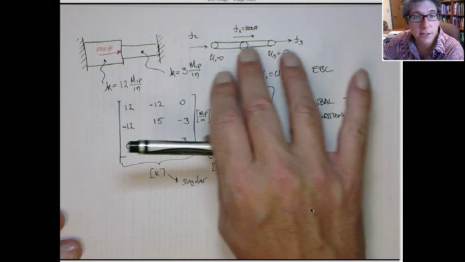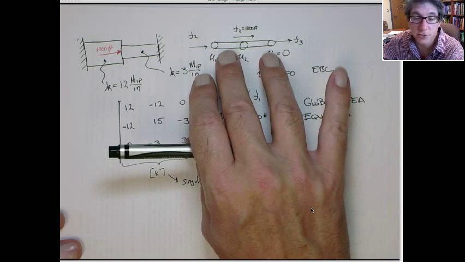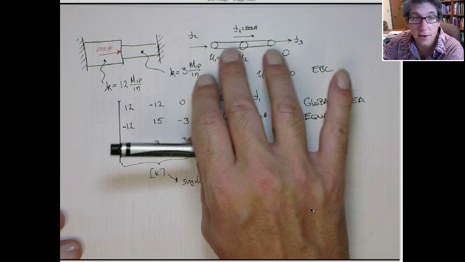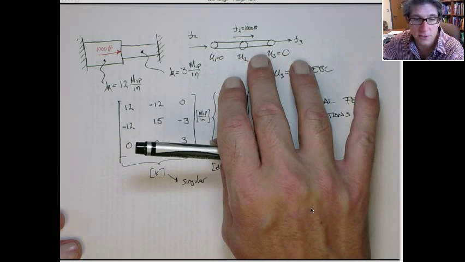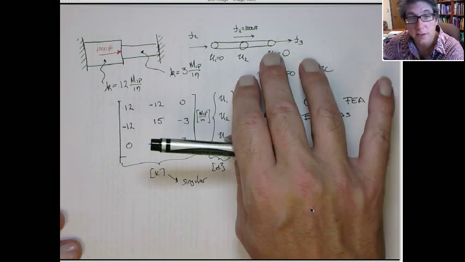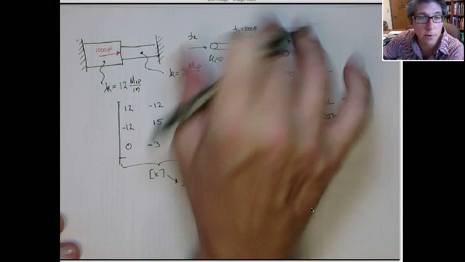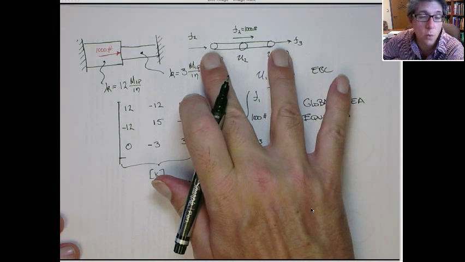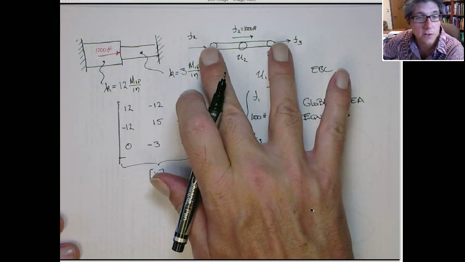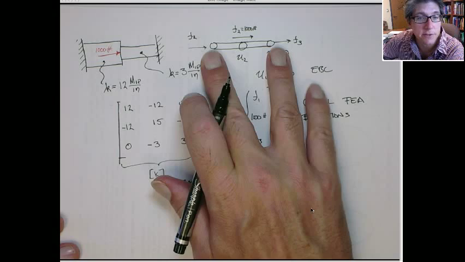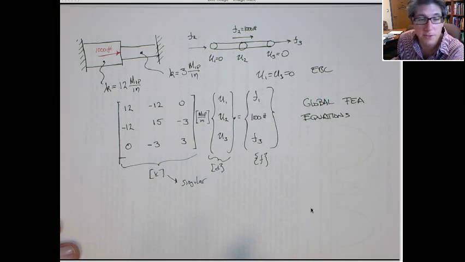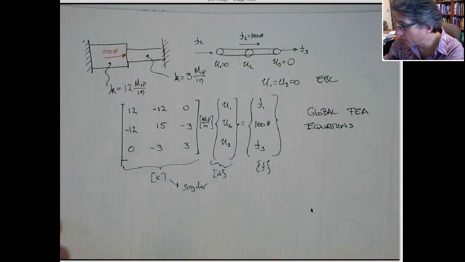You can find the stretches of the elements, but not the displacements uniquely, because it could rigidly translate, okay? It's only once you fix a certain number of nodes. Actually, in this case, you just need one fix, but this problem has two fixed. It's only when you apply the essential boundary conditions that the problem becomes properly defined. Okay. And you can check the determinant on this, and you can see it's singular as well.